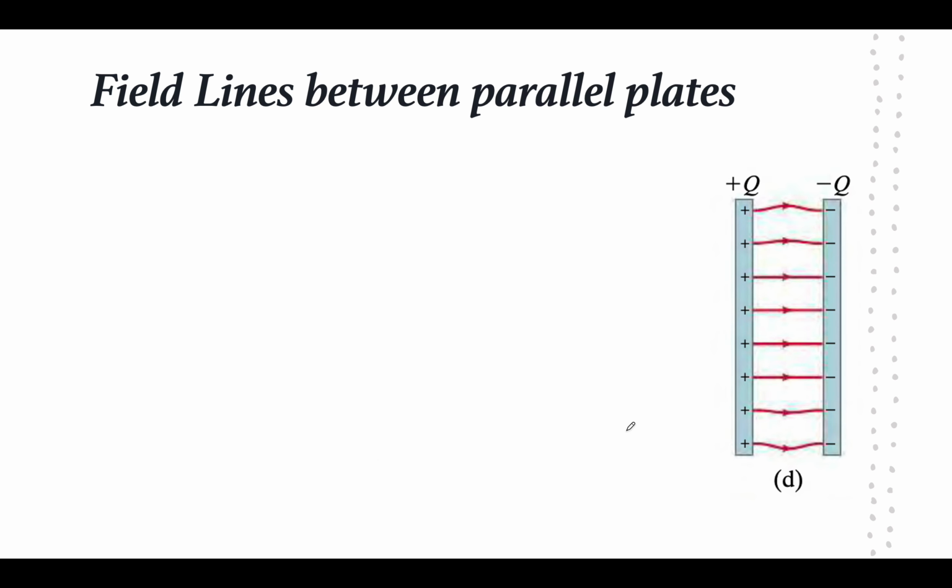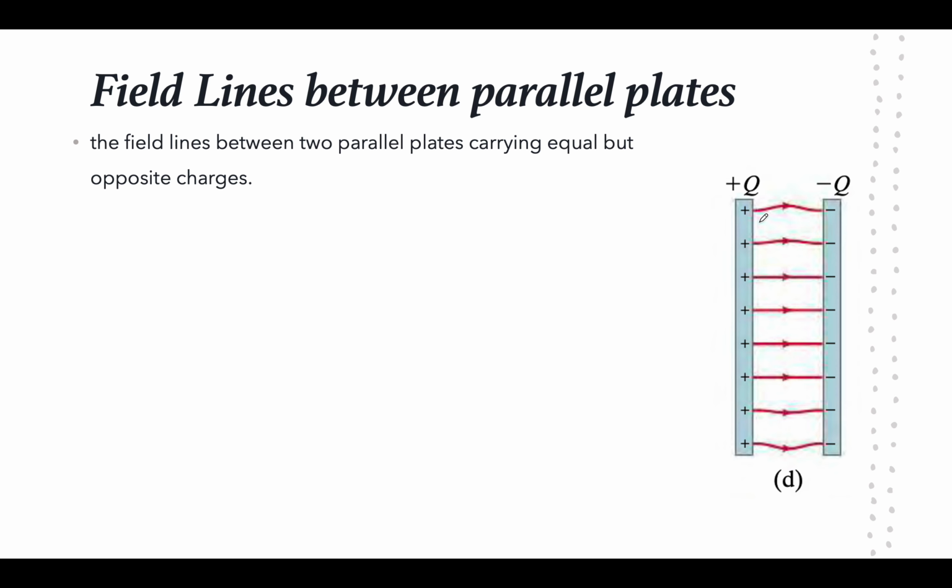All right, now let's see what happens when we have two charged plates parallel to each other that are charged with equal but opposite charges. Now, as we just saw, field lines will be created, right?